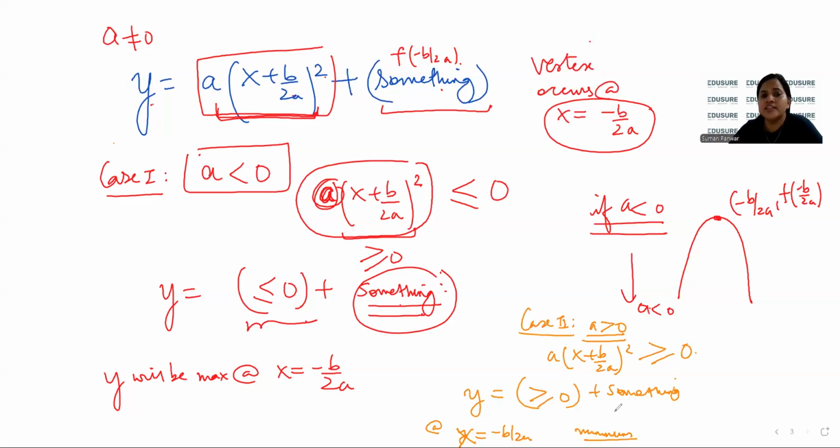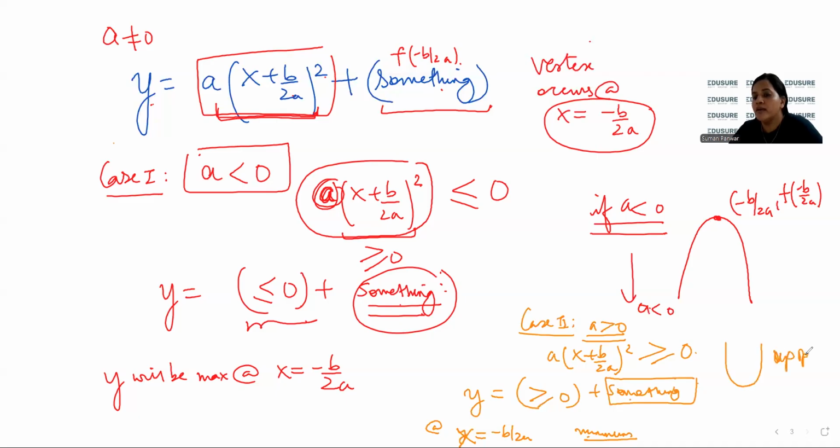Because when x equals minus b by 2a, this is equal to something. And the moment x is not equal to minus b by 2a and a is positive, this will become positive. So something plus something positive is going to be greater than something. So therefore, it will hit its minimum. So in case a is positive, we will have an up opening parabola.